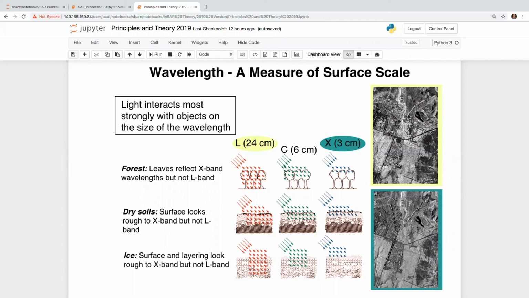And here's an example of an L-band image on the top and an X-band image on the bottom. So 24 centimeters and 3 centimeter wavelength. And so what's one sort of high-level thing you see in this image as a difference? Same spot, image at same time, the same system, but 2 different wavelengths.